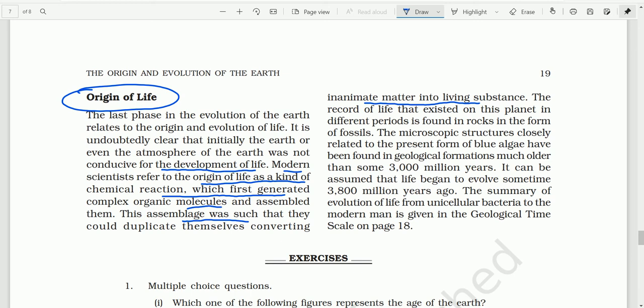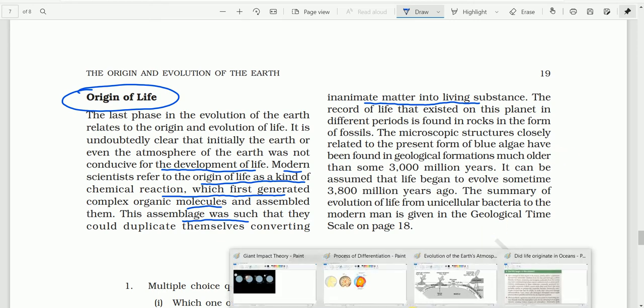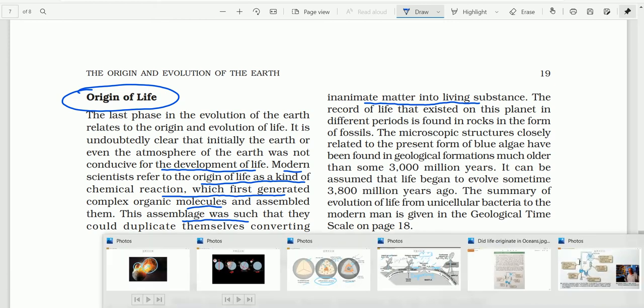It is believed that life originated in the ocean water only because of chemical reaction in the water, which converted inanimate matter into animate matter. So here about the origin of life, we have a famous experiment. A very famous experiment. Just see here.